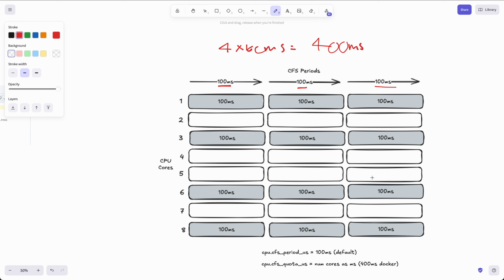And because GOMAXPROCS is set to 4, and we're running 4 threads, each thread is going to run for 100 milliseconds, right? So if we add that up, that's 100 milliseconds times 4, which gives us 400 milliseconds, which means that our Go application is using all of its CPU quota for the full 100 millisecond period.